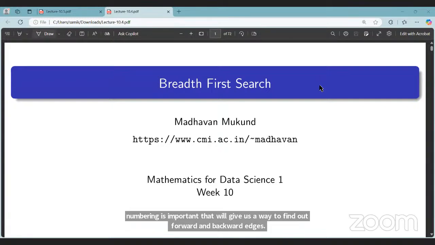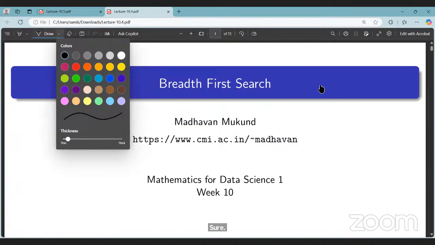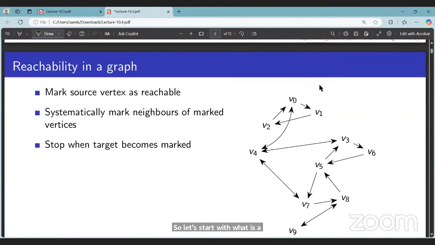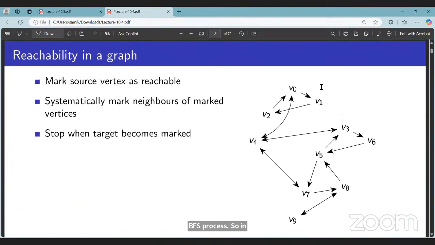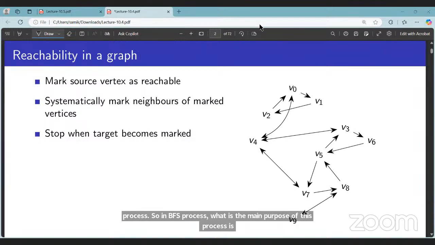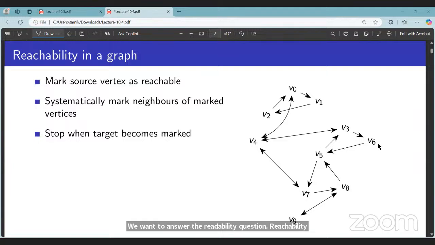So let's start with what is the BFS process. The main purpose of this process is that we want to answer the reachability question. Reachability question means if we have a graph, can we move from one vertex to another vertex, or can we find a path from one vertex to another vertex.